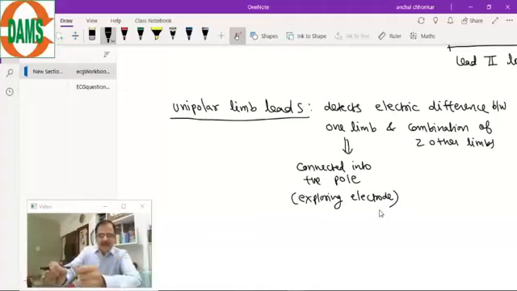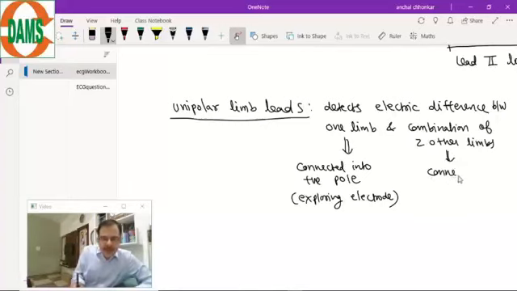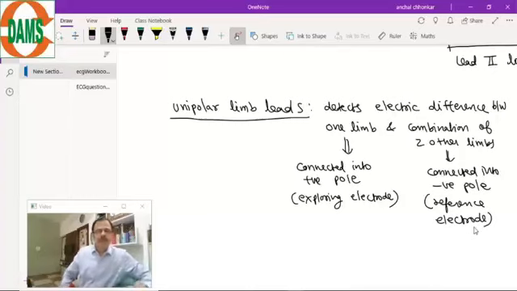While the combination of two other limbs will be connected to the negative pole. This is known as the reference electrode. So it is one limb versus two other limbs, which is taken. And this is also a standardization that we make for these ECG unipolar limb leads.